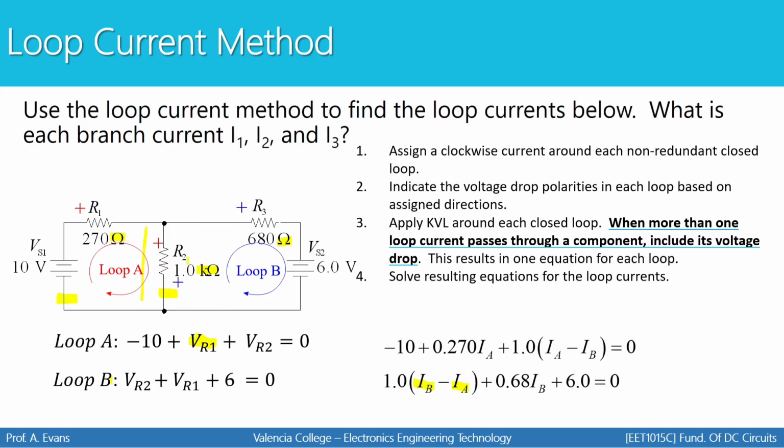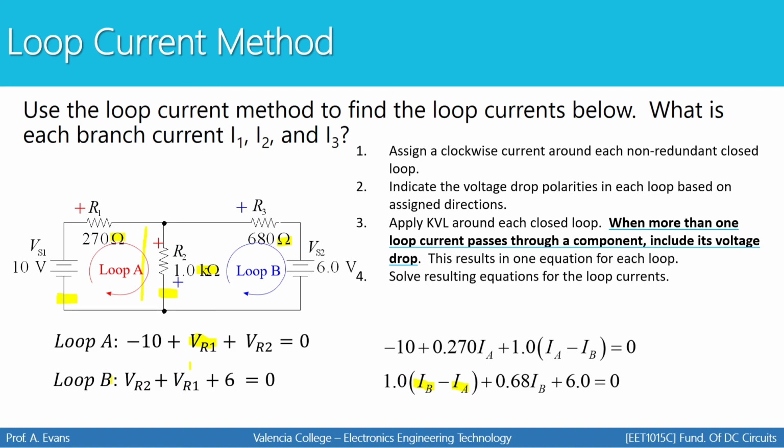So when you have a resistor with two loop currents going through it, if they're in opposing directions, you have to subtract them. To determine which one you write first, pick the current for the loop you're currently analyzing. We're analyzing loop B, so IB goes first. And then we subtract the current for loop A because it's going in an opposite direction from loop B.